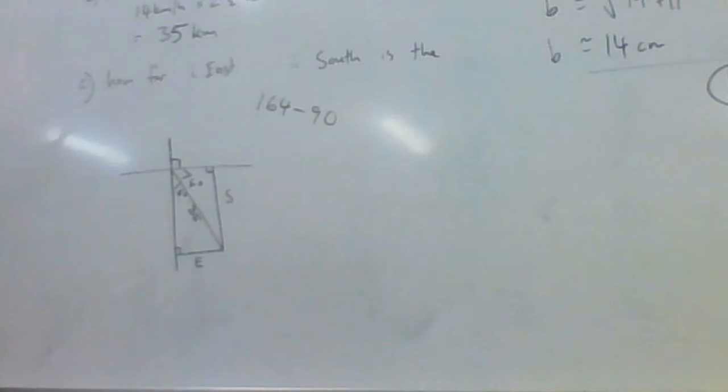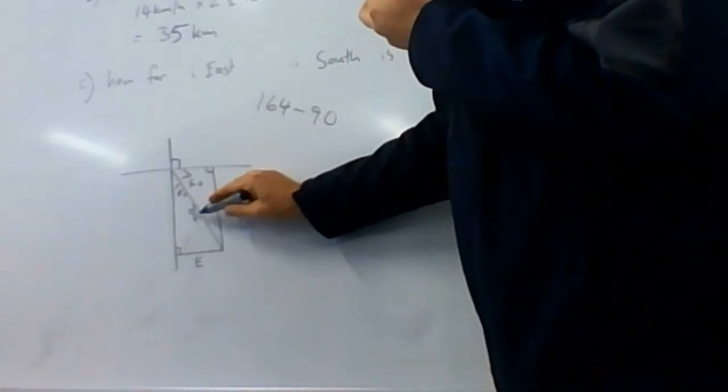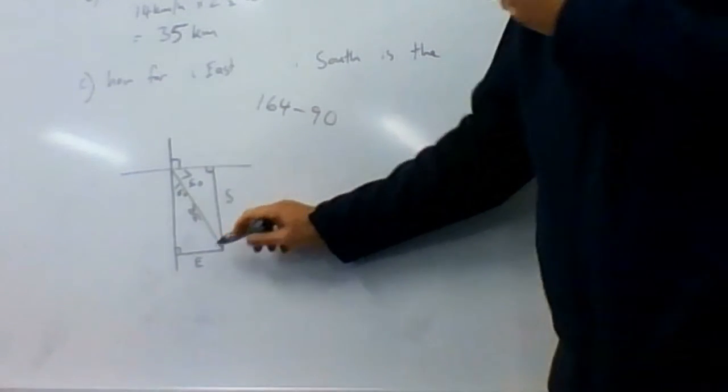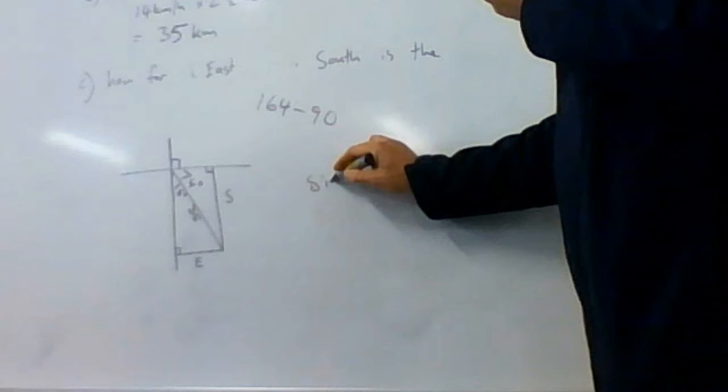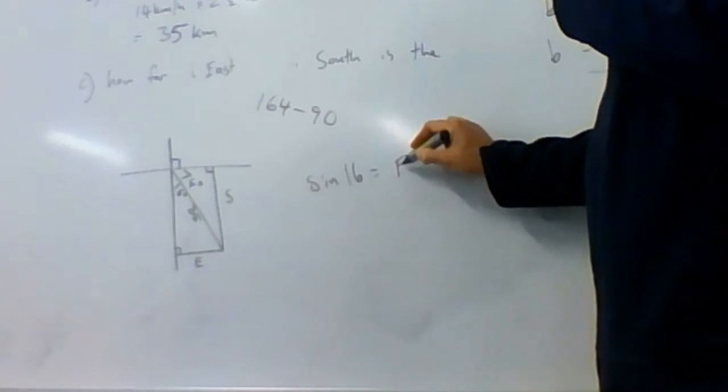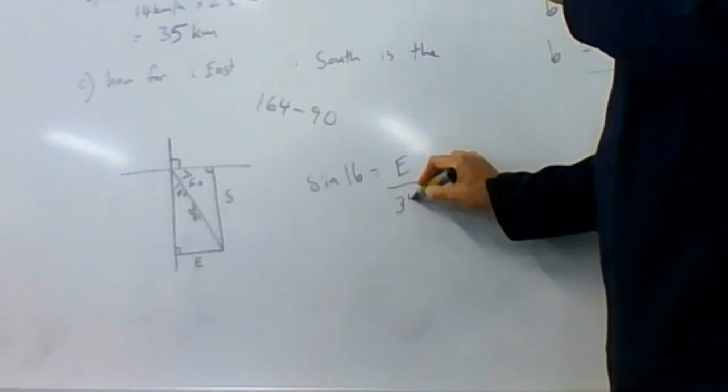So I've got all the information I need to find how far east they've gone and how far south they've gone. Doing east first, I've got that angle here, I've got this length here, that side there is the opposite side. So I'm going to use sine 16 equals E over 35.